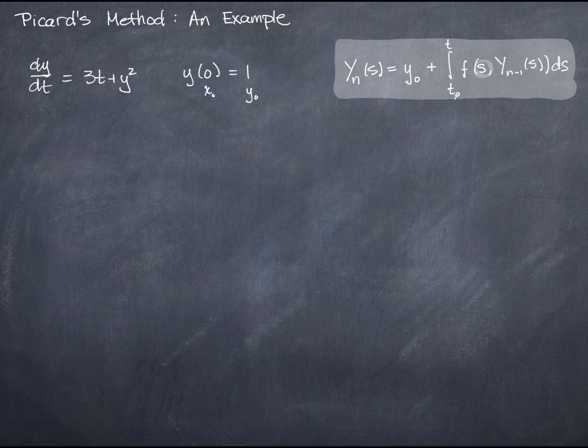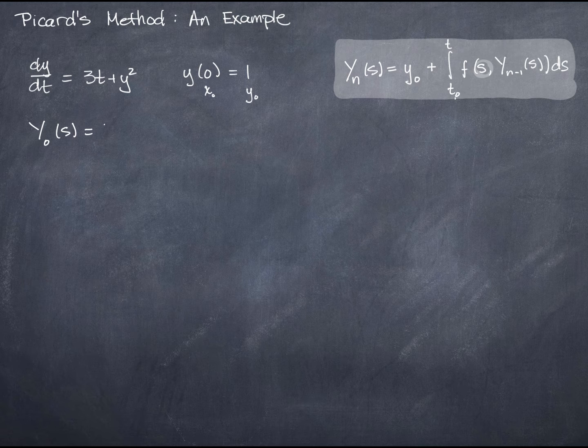I'm going to start with the assumption that y naught, my first solution, or my 0th solution, is my y naught value, right? I've been using 0 because I was assuming that the initial conditions were (0, 0), and if they weren't, I could shift things around until they were. But this is another approach, so I'm going to go ahead and stick with that: this initial value of y becomes the initial guess.